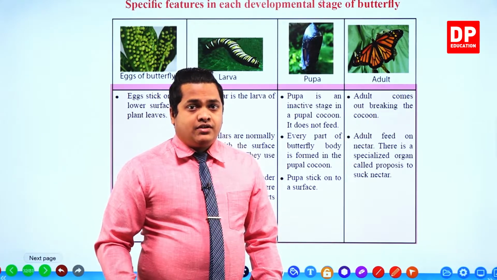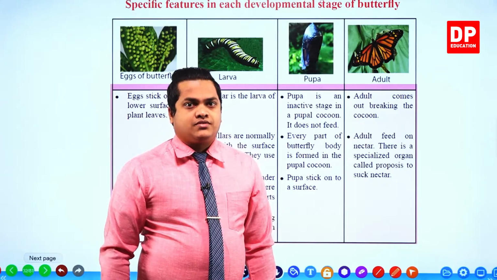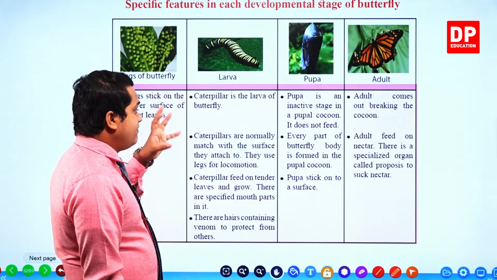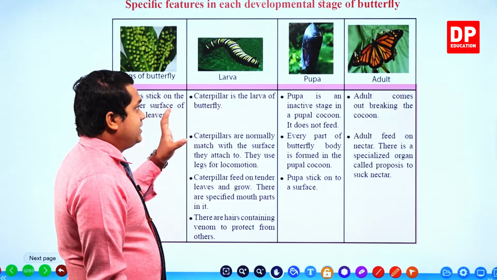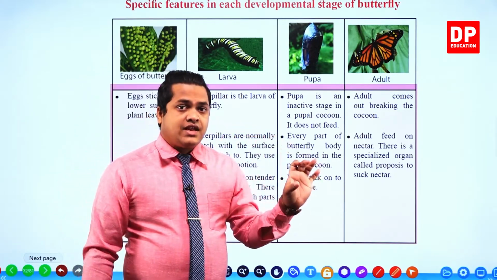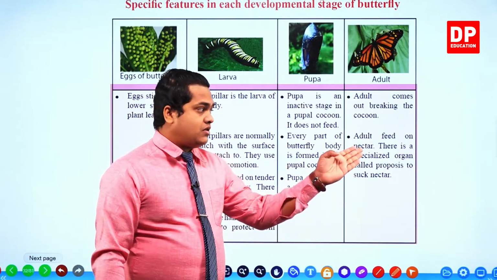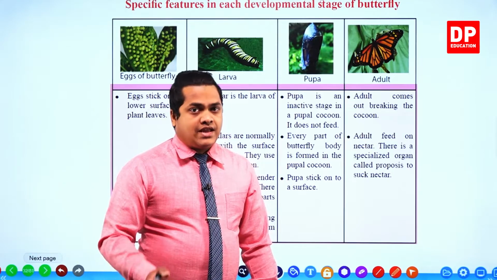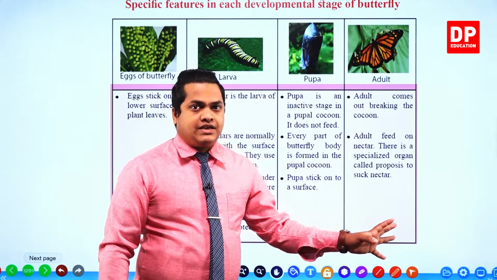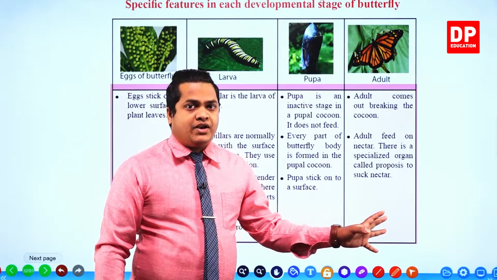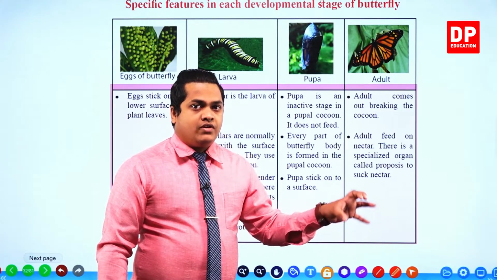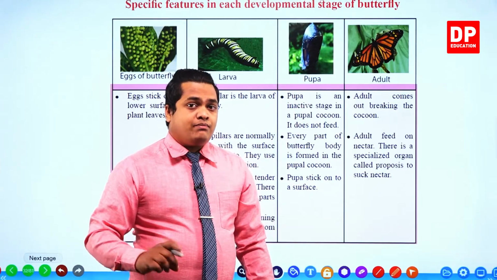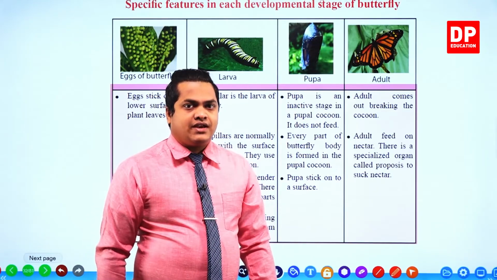type of food, way of locomotion, and also. The larva is mainly walking on the leaves. They have leg-like structures for locomotion. The butterfly has legs, right? They have appendages to walk, but these leg-like structures cannot be directly identified in the caterpillar.